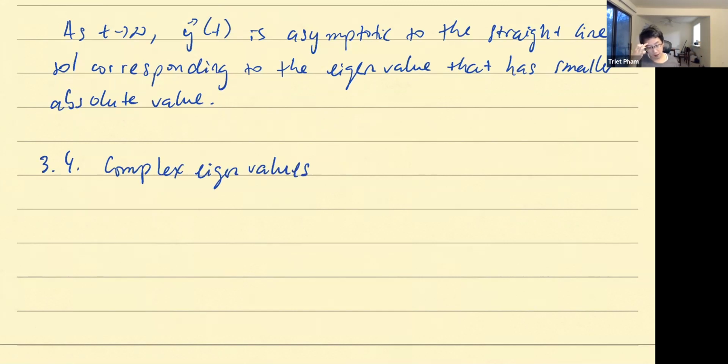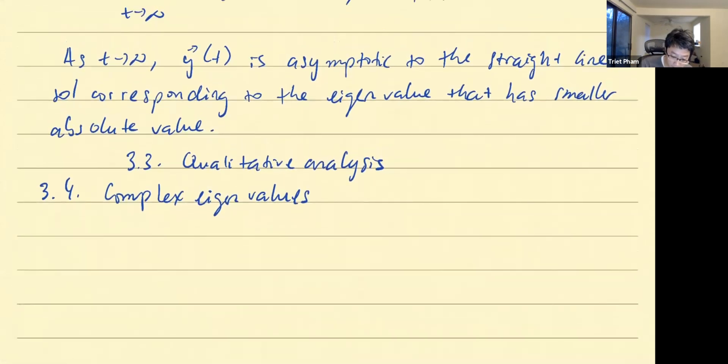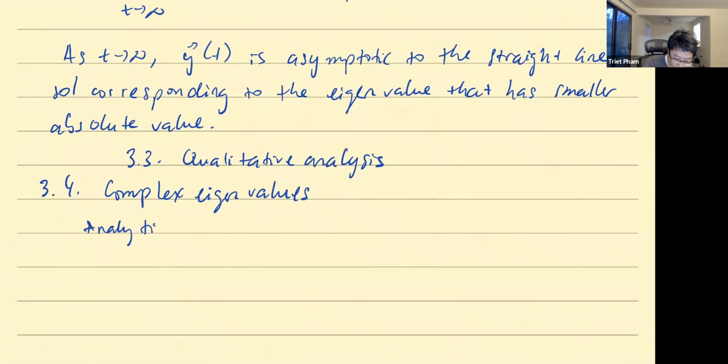In case you didn't notice, 3.3 is exactly qualitative analysis, because we talk about how to draw the curve, the asymptotics, the nature of equilibrium solution, that kind of thing. 3.2 is analytic solution for real eigenvalues, and so this is analytical approach for complex eigenvalues. So it's probably easier just to look at an example.